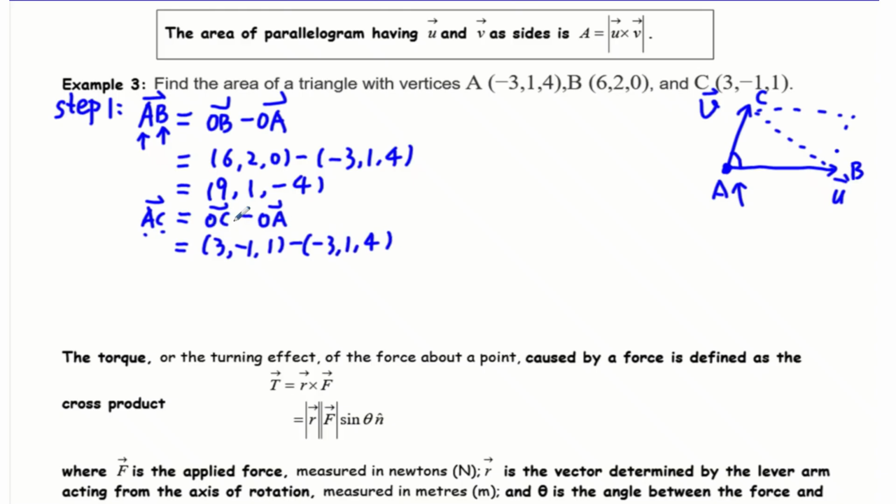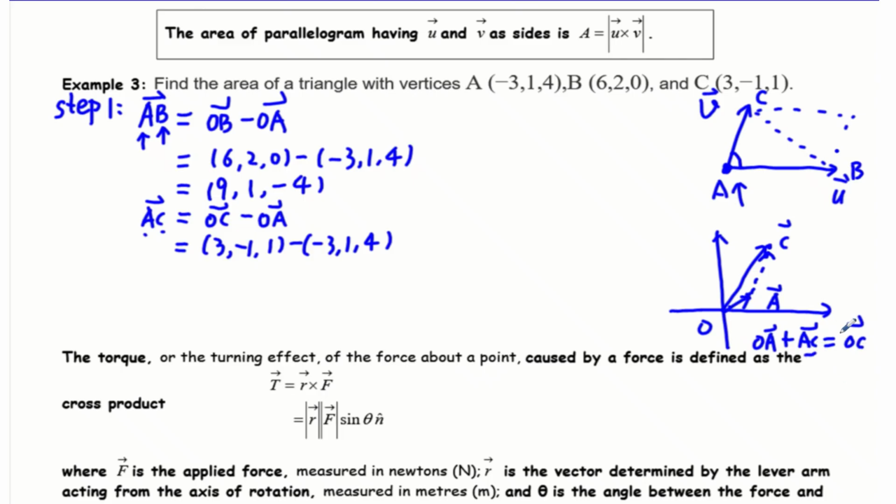If you have trouble with this one, you can go back to see the notes, or I could just draw it. So this is point A, this is point C. If we put it in the XY coordinate, this is OA, this is OC, then you will see OA plus AC, head to tail, gives us the resultant OC.